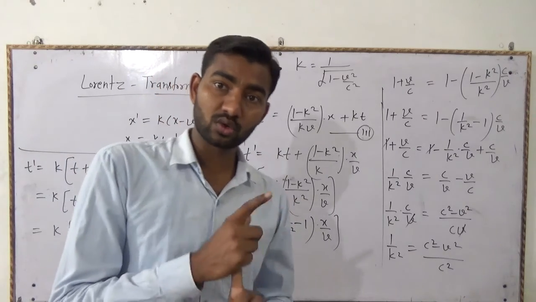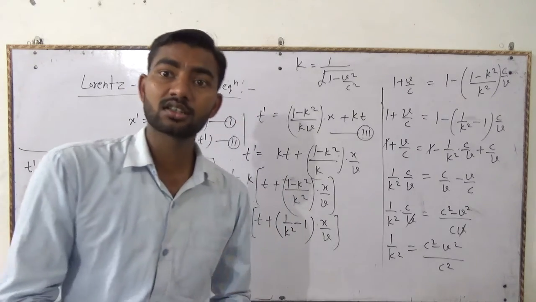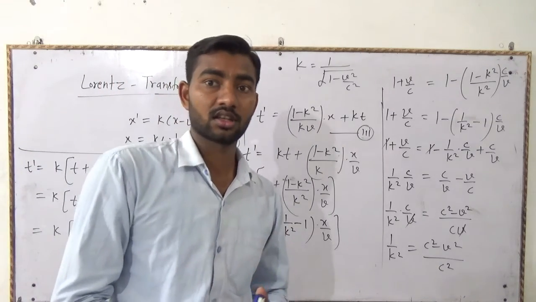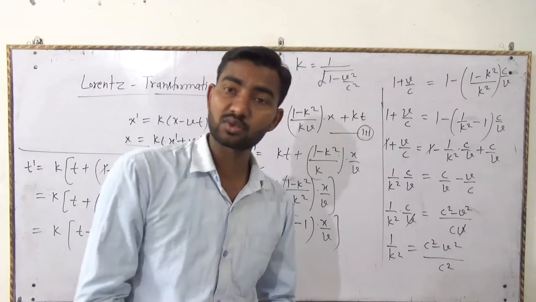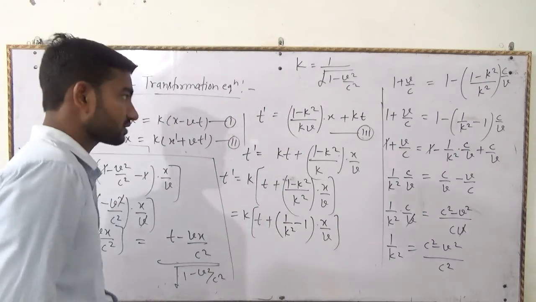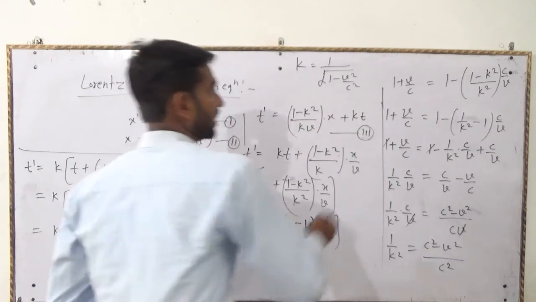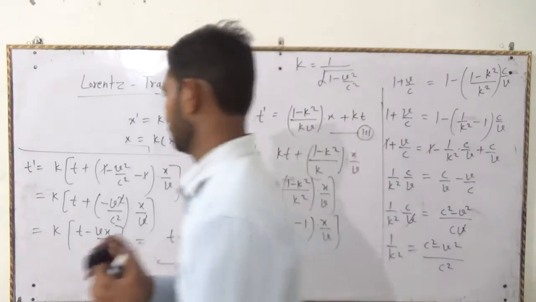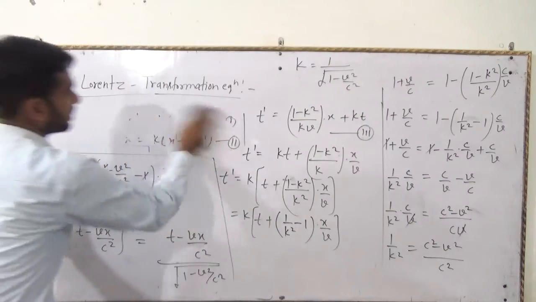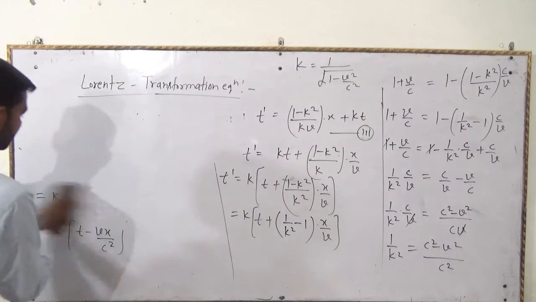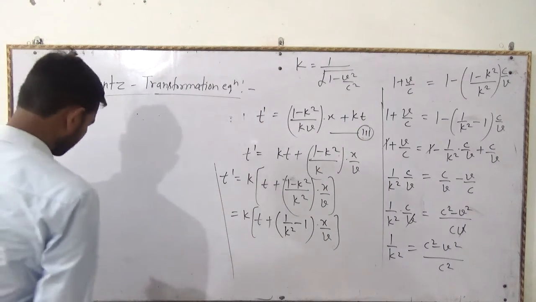Y and z are perpendicular, so the coordinates y and z will not change. So we can write the complete Lorentz transformation equation.